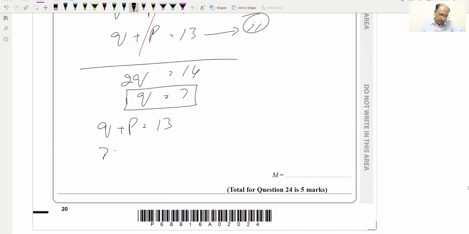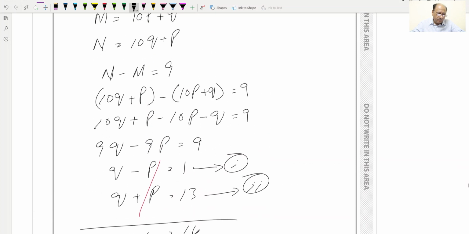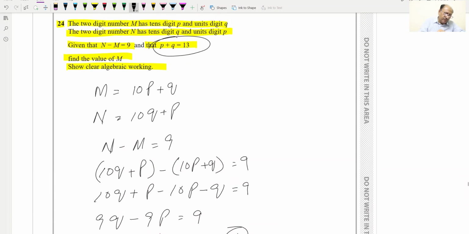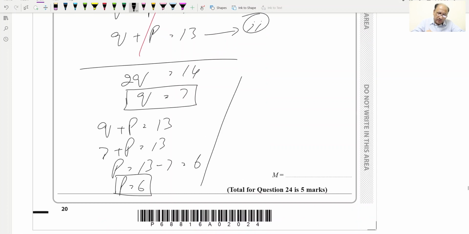So 7 plus P is equal to 13. So P is equal to 13 minus 7, which will be equal to 6. So P is equal to 6. Now we have to find the value of M, and M is 10P plus Q. So we will replace values.